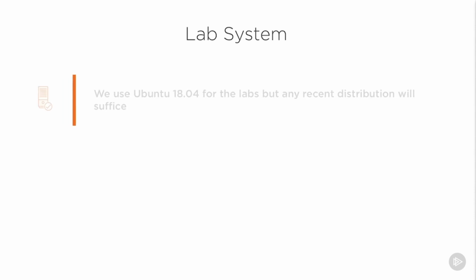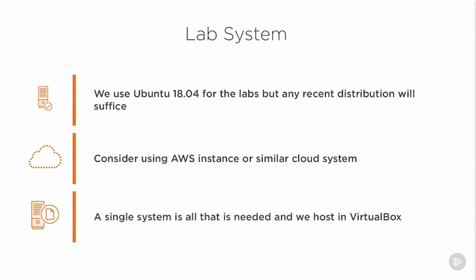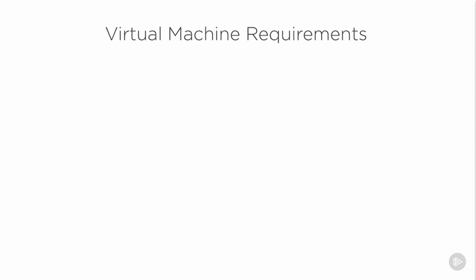When we look at our lab system, we'll be working with a single Ubuntu 18.04 system, but to be honest, any modern Linux distribution should suffice. You could also consider using a cloud instance, such as an AWS or Google Cloud system. We only need a single system, and we're going to be hosting that for our demonstrations inside of VirtualBox.